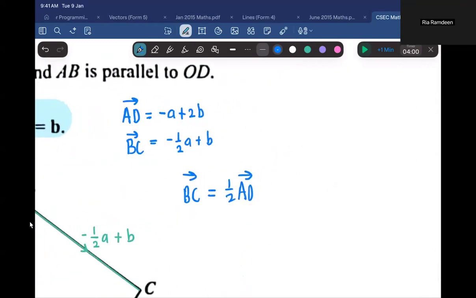Yeah. So we're trying to prove that BC is equal to a half of AD, right? Let's see if we can do that. So if I find a half of AD, what's AD? Negative A plus 2B.